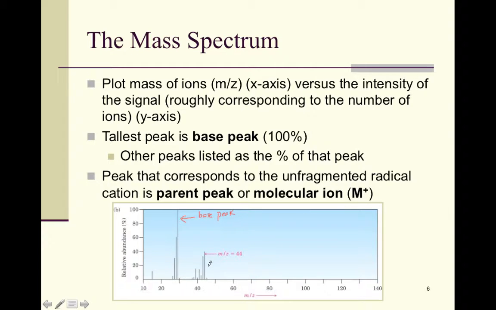In this case, we have a series of peaks at the highest molar mass, the mass-to-charge ratio. When you have a series of them, typically the highest of the last grouping would be your parent peak. In this case, my parent peak is at 44.